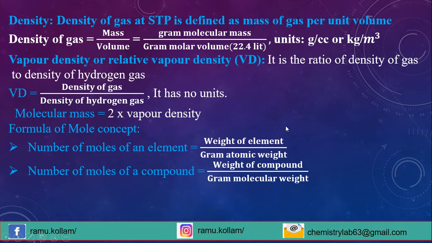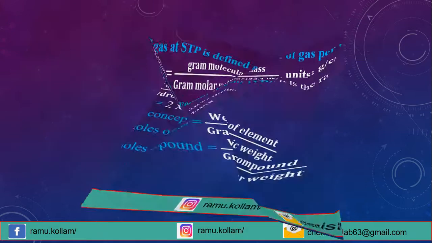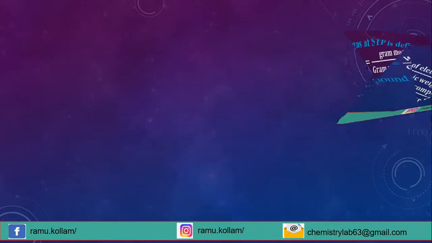Here two things we need to remember, very easy to identify: in case of an element, atomic weight; in case of a compound, molecular weight. This is simple to observe, so by using this we can calculate all simple calculations in mole concept.